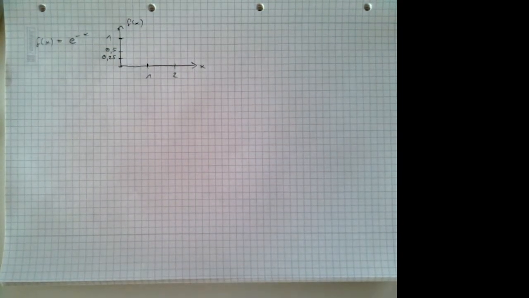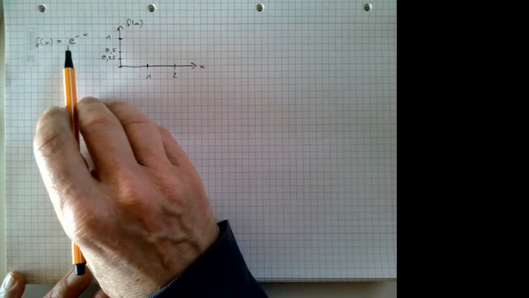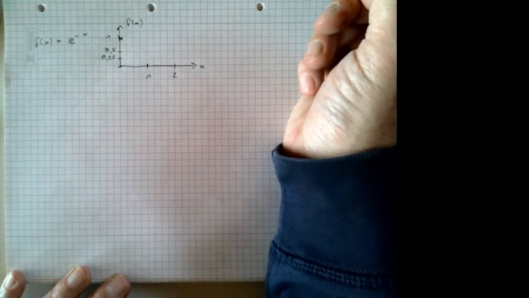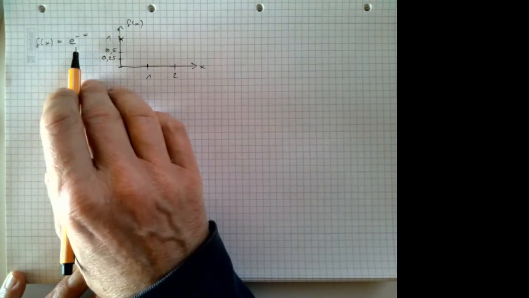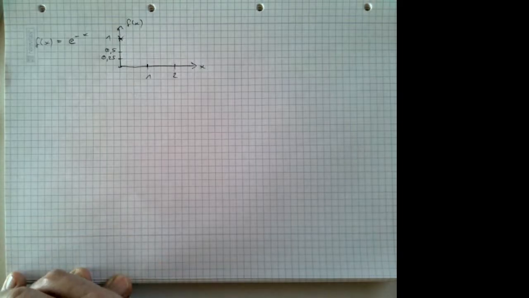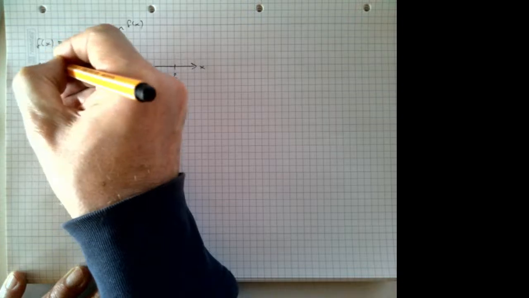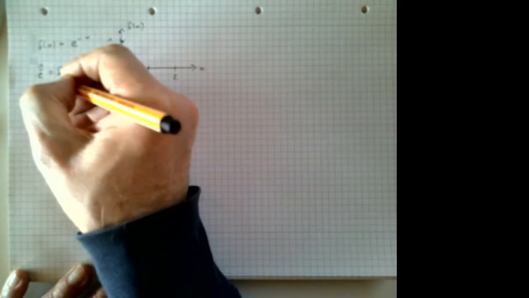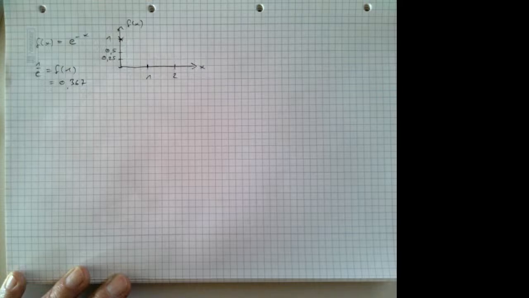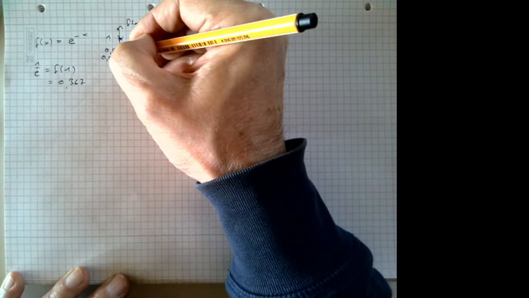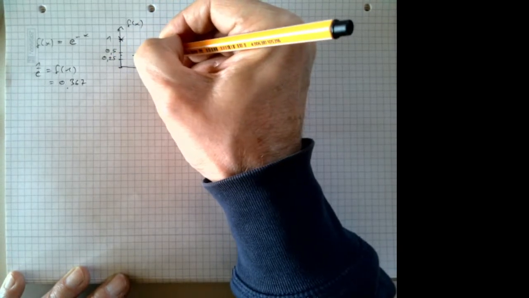How does this function look like for positive x's? What is f of 0? 1. f of 1 is 1 over e. This is 0.367, right? Where is this? Somewhere here.